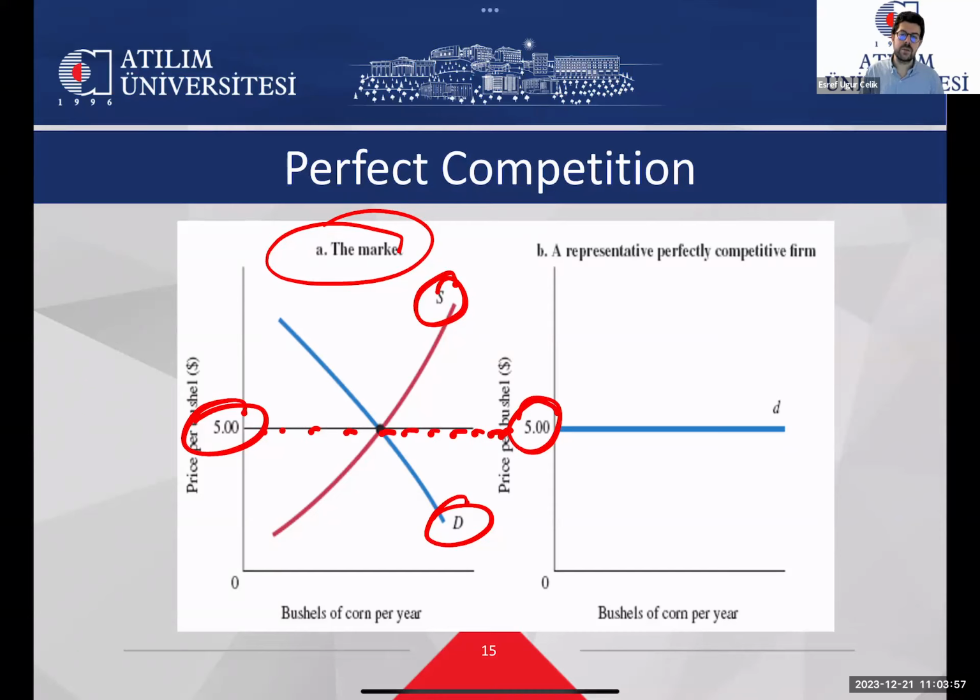So the firm's demand curve is perfectly elastic. It's like that. And we said demand is equal to price, equal to average revenue, equal to marginal revenue. I'm not gonna give the detail, but this is the equality for the perfect competition.